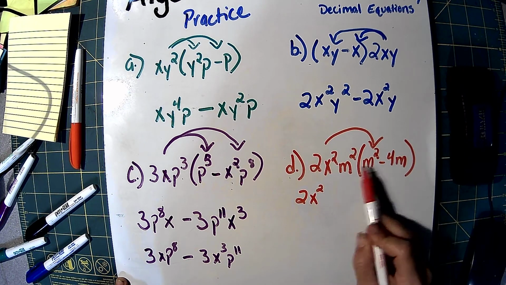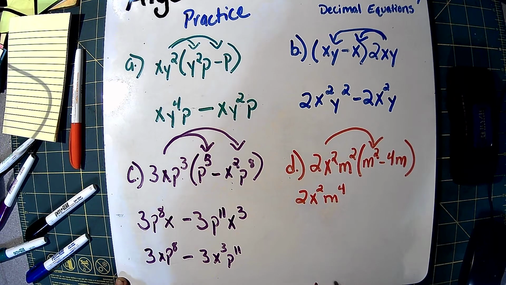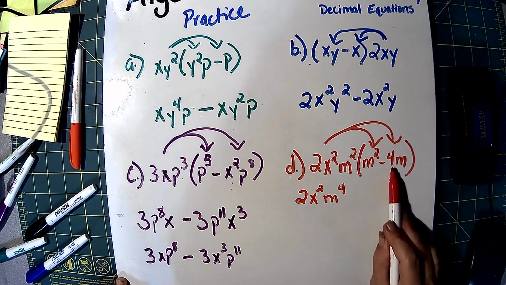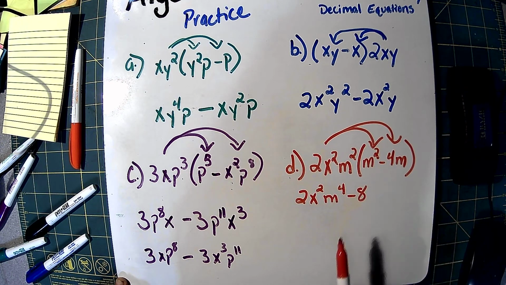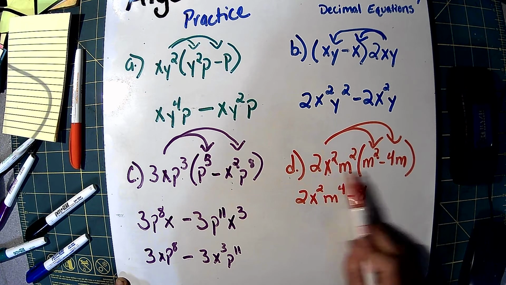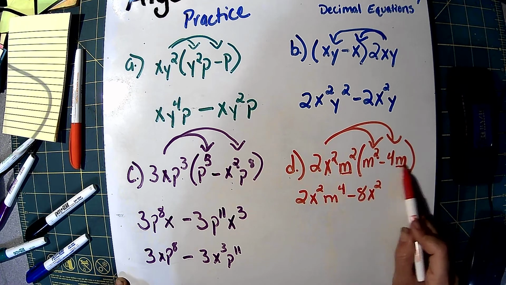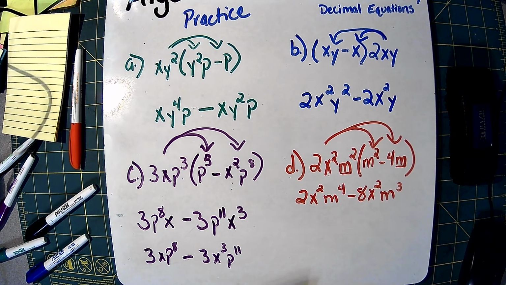And our m's, we have 2, and 2 is 4, so m to the 4th. Okay, then we're going to go into this one, and we're going to do 2 times 4 will be 8. And that's negative because of this negative right here. All right, our x's, we only have 2. Our m's, we have 2 plus 1 would be 3. I'll double check that.